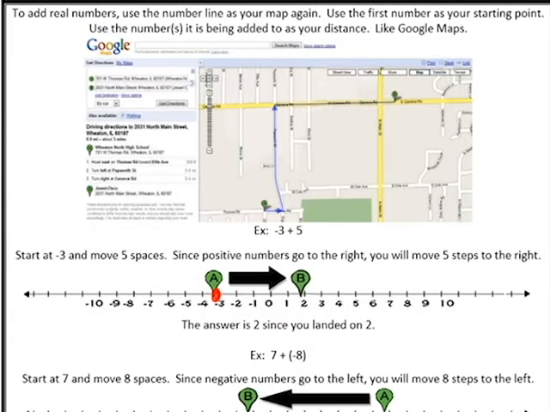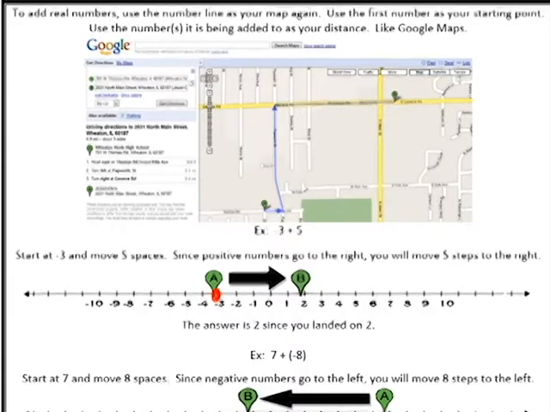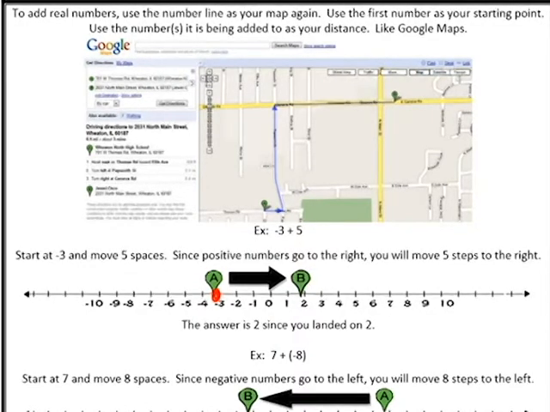Positive and negative, they're opposites. Addition, subtraction, they're opposites. Adding a negative is just like subtracting. So don't get addition, subtraction, negative, positive, all confused. It's all really the same concept when you're dealing with the number line.